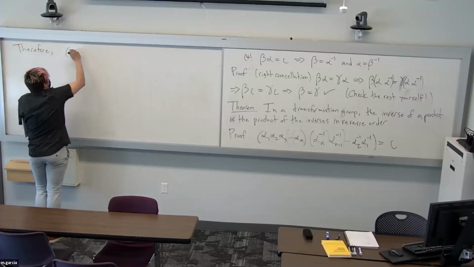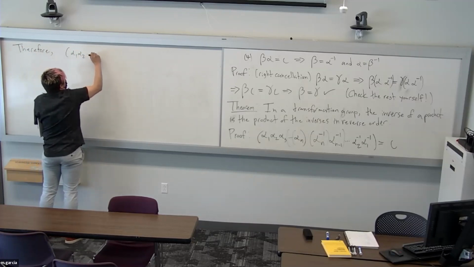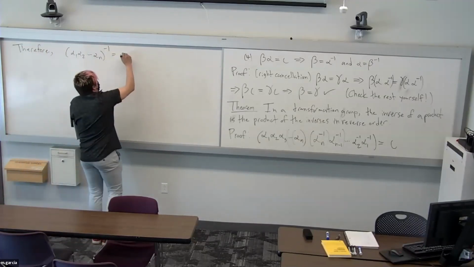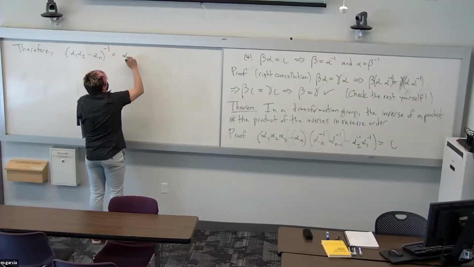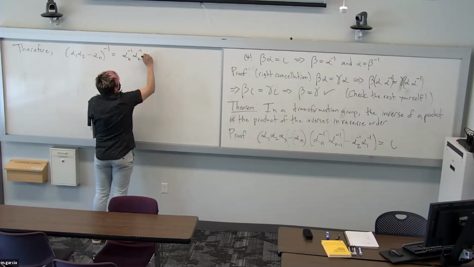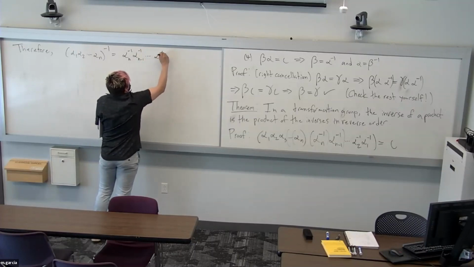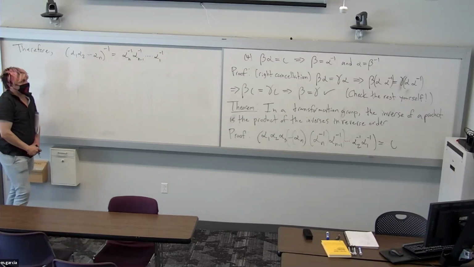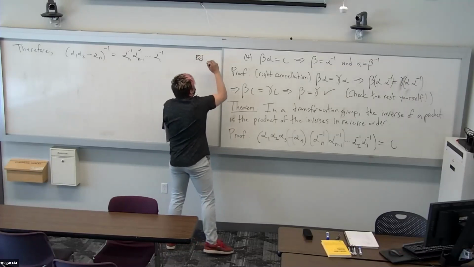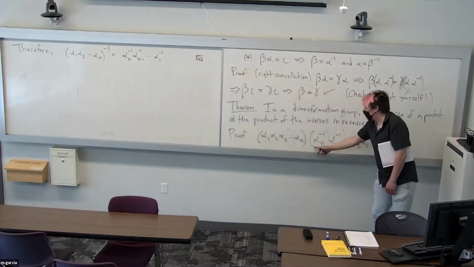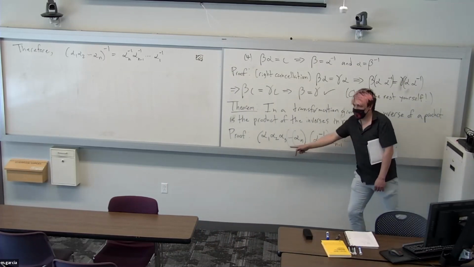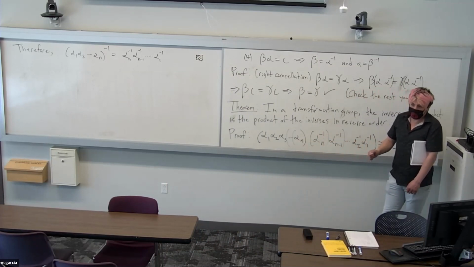Therefore, the inverse of this product is just equal to the product of the inverses in reverse order. Because I constructed some element of my transformation group that produced iota when I multiplied it by my product.